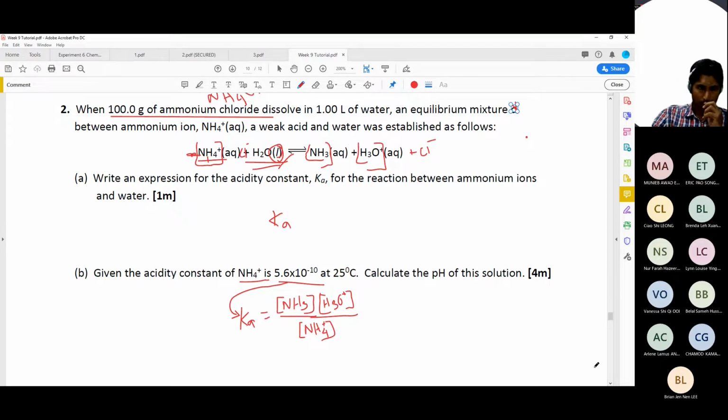For the pH, I need the hydrogen ion concentration. How can I find this?